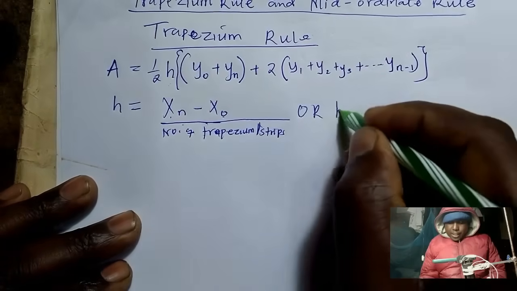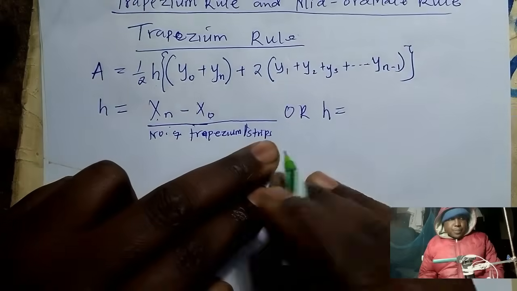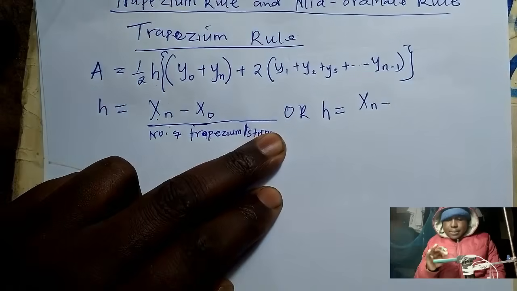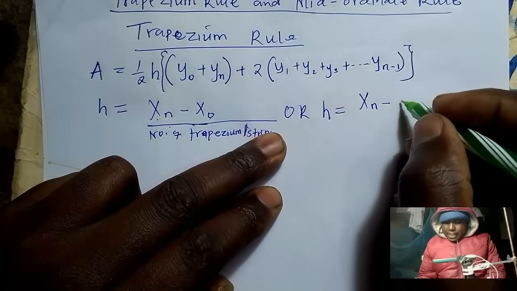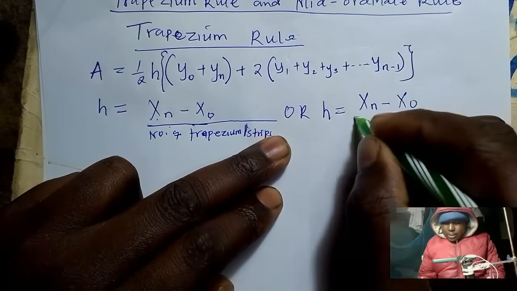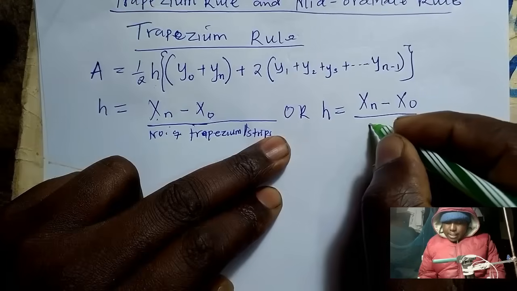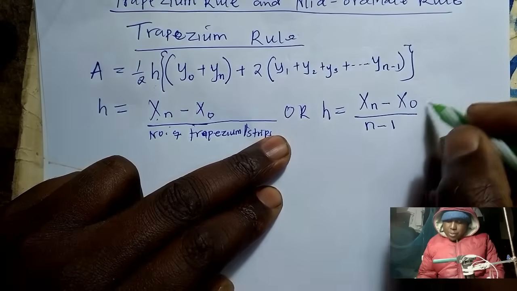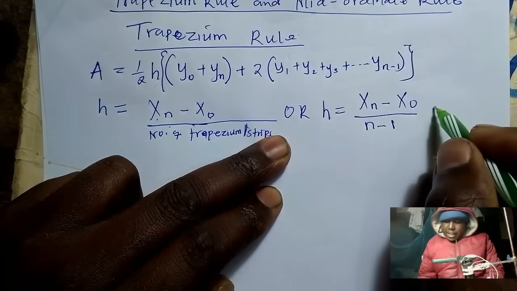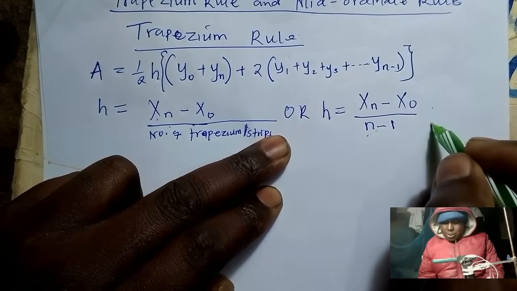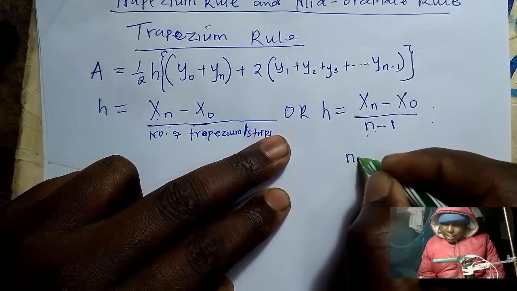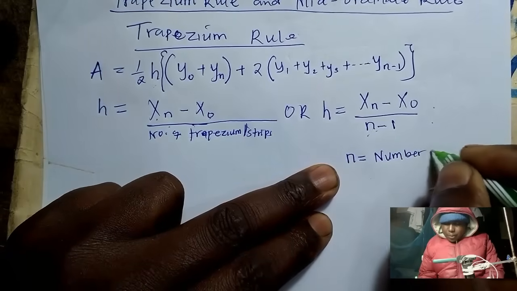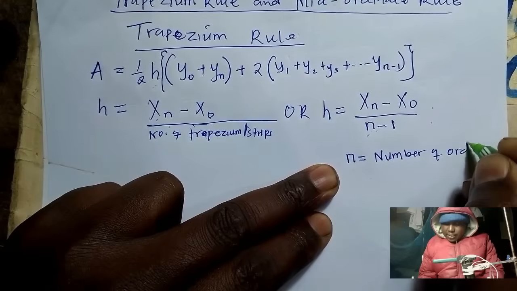Or h is equal to xn minus x naught divided by n minus 1. Whenever we are using this formula with n minus 1, what is n? n is equal to the number of ordinates.